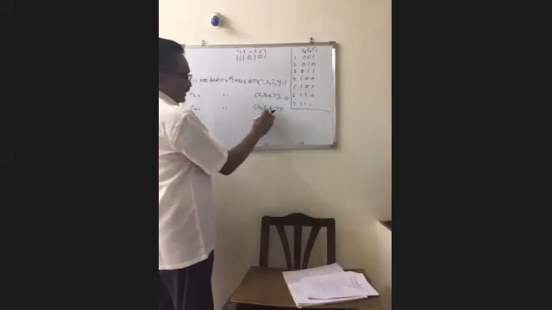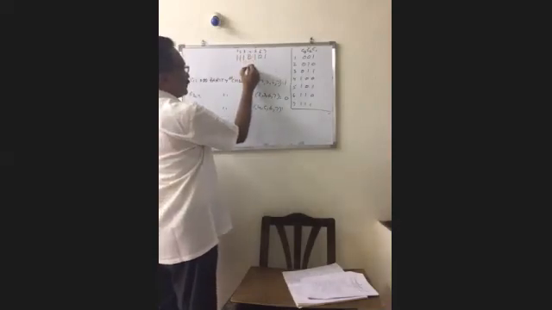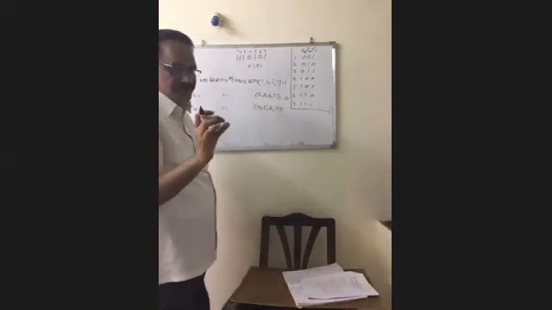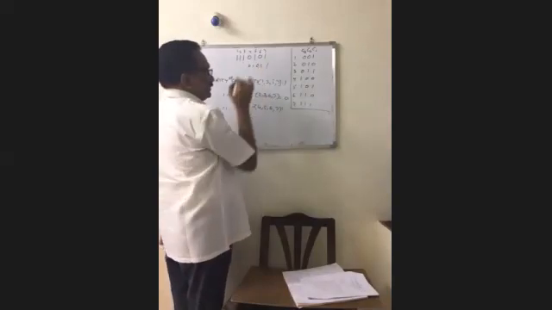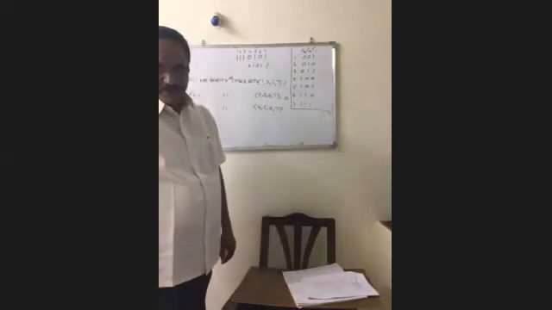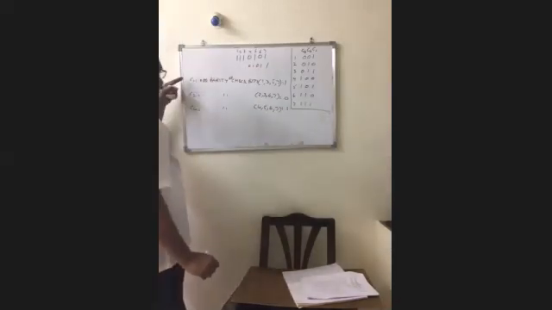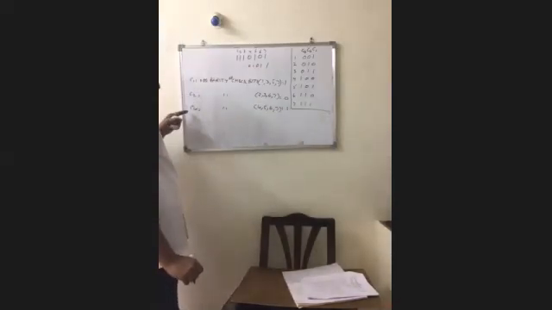Next for 4, 5, 6, 7: the bits are 0, 1, 0, 1. How many ones? 2, an even number, so the odd parity bit is 1. So C1 equals 1, C2 equals 0, C4 equals 1.